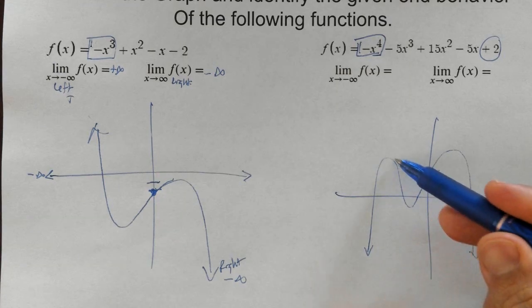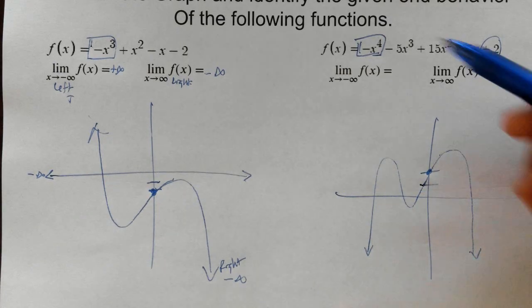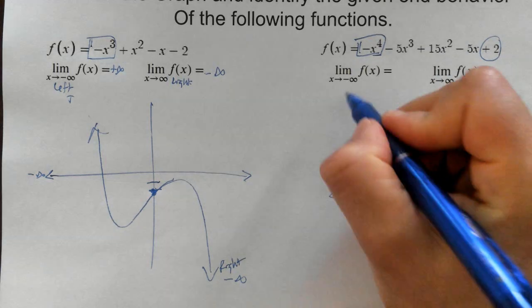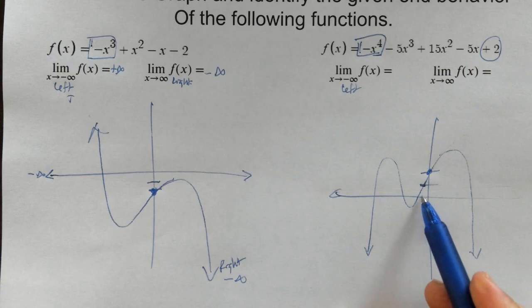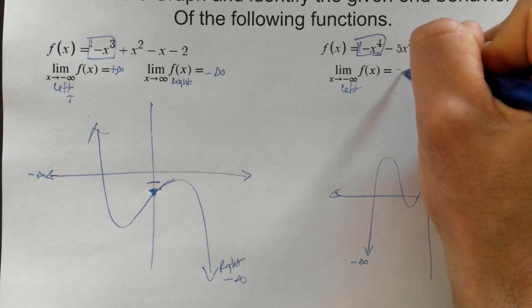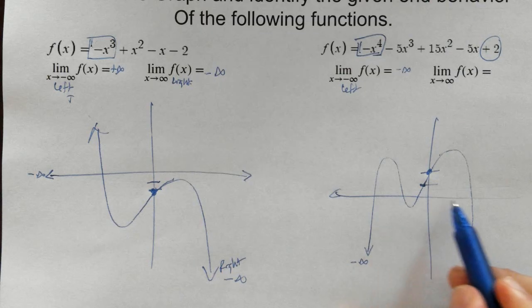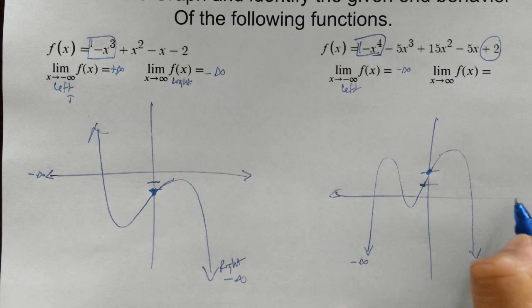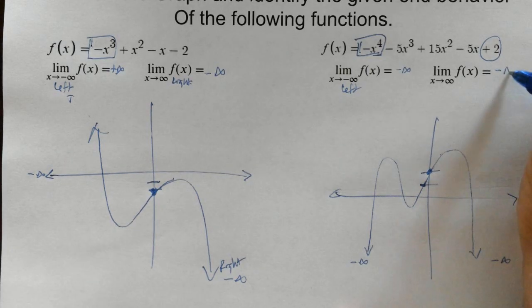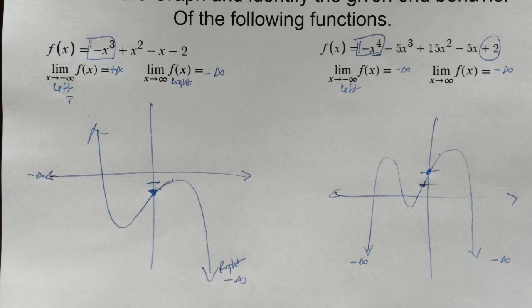It's got 1, 2, 3, 4 different paths it's going to go through. What happens on the left side of the graph? Well, on the left, as x decreases, it'll eventually go to negative infinity. And on the right side, as x increases, it'll also go to the bottom, which is negative infinity.